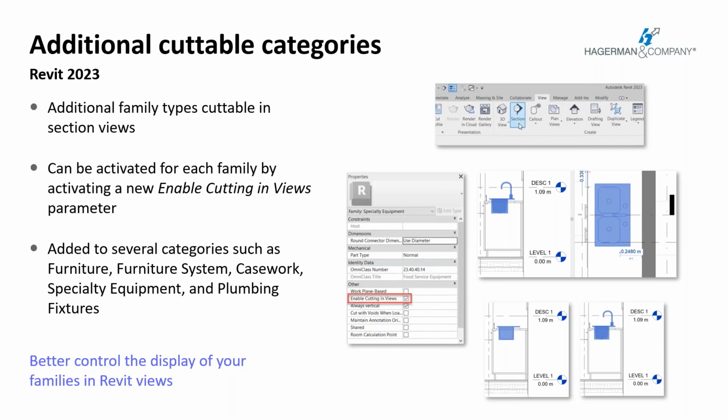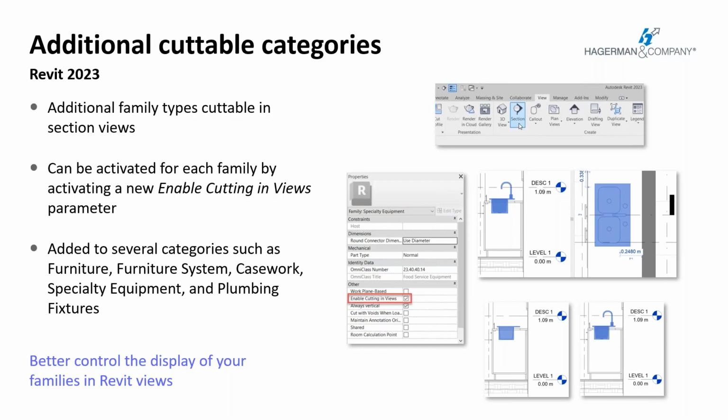So you'll simply select an object belonging to one of these categories, click the Edit Family button, and ensure the Enable Cutting and Views parameter is checked in the Properties palette. You'll save the modified family and exit the family editor to return to your project. Now, when moving a section view line, you will see that the family is cut automatically.